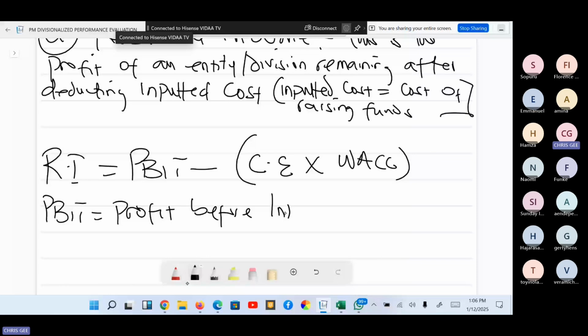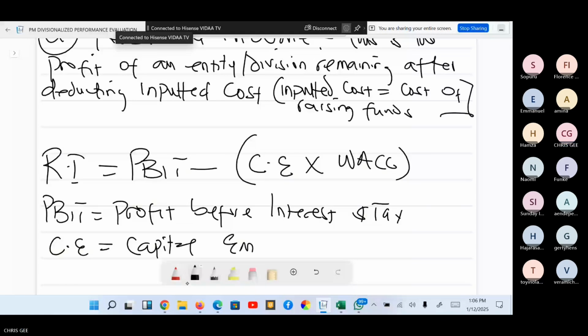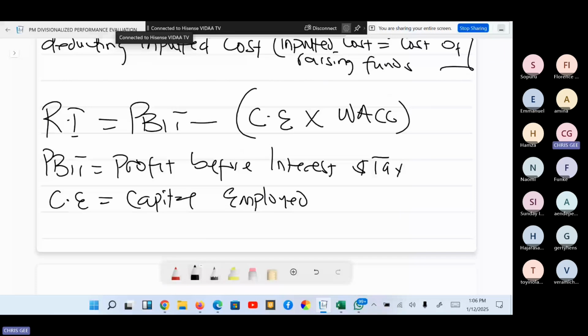CE is the same thing, capital employed. How do you calculate capital employed? The ideal calculation of capital employed, how do you do it? Total assets minus current liability. Are you sure? I was testing.